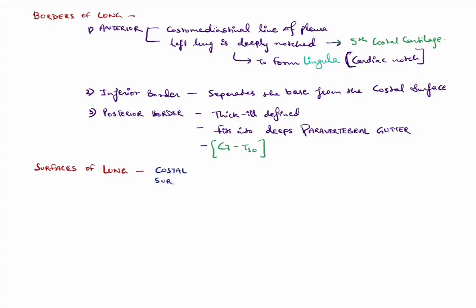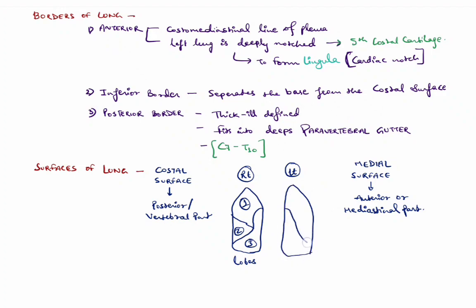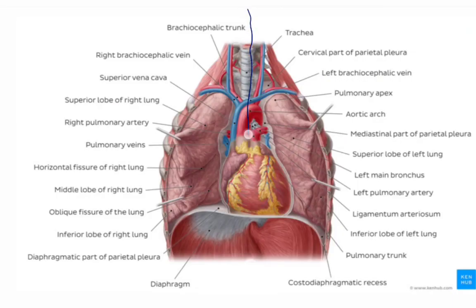Surfaces of the lungs: costal surface and medial surface. It has two surfaces. The costal surface is the posterior and vertebral part, and the medial surface is the anterior or the mediastinal part. And the right lung has three lobes and the left lung has two lobes.